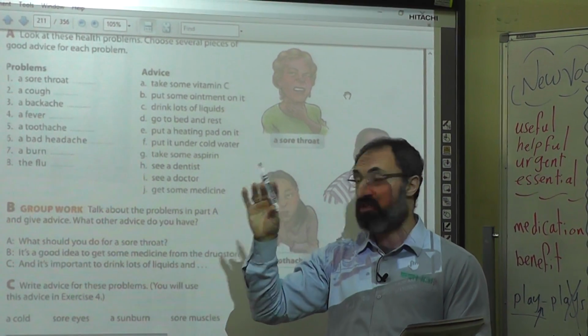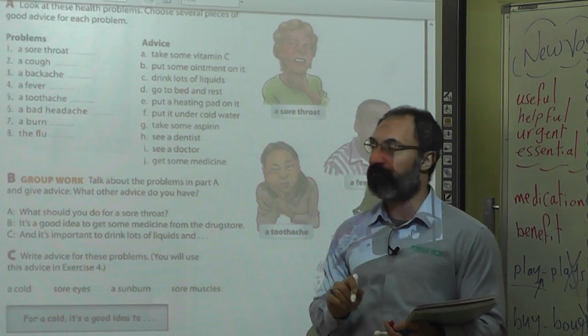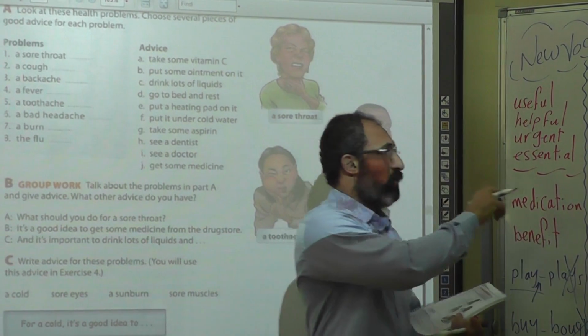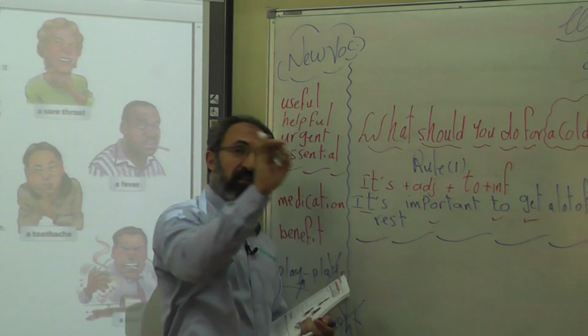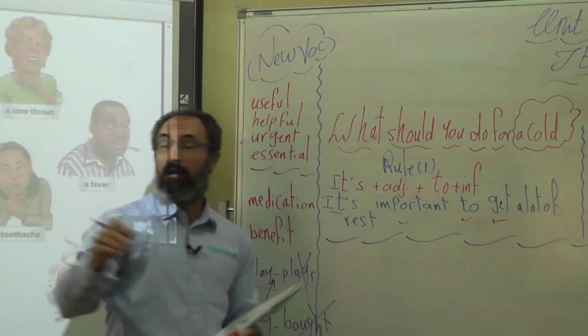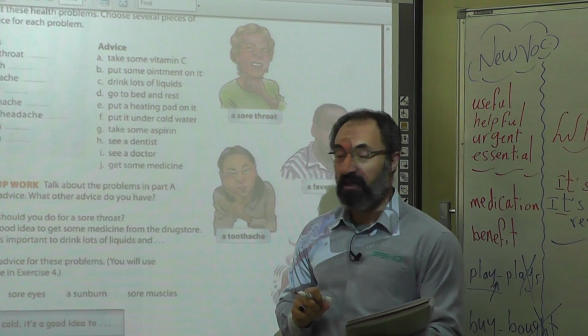It's important to get some medicine. I will start with the first grammatical rule. It's important to. To what? To get some medicine. Okay?